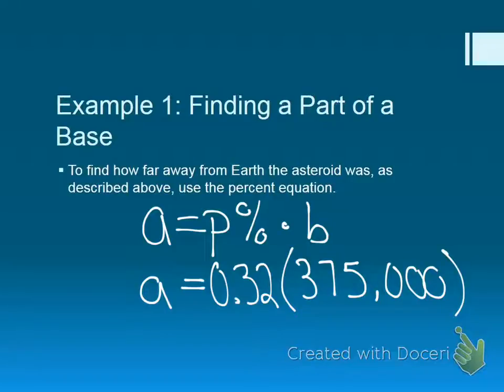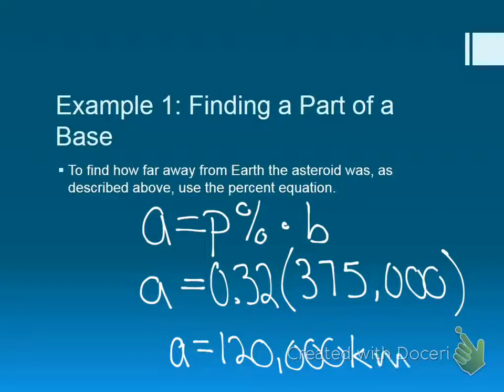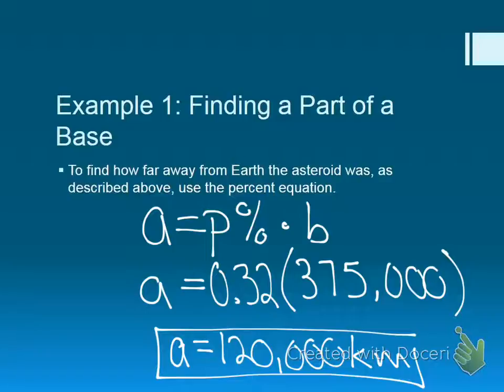So when I multiply it, I'm going to find how close that asteroid actually was to hitting Earth. You say, well, that's not very close at all. Yeah, it is. In terms of space in general and how vast and broad it is, that's actually really close to hitting Earth. All right?